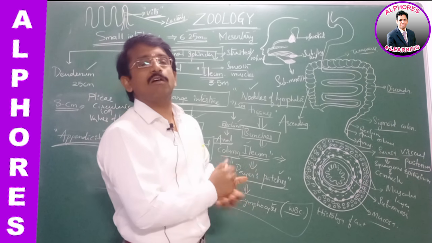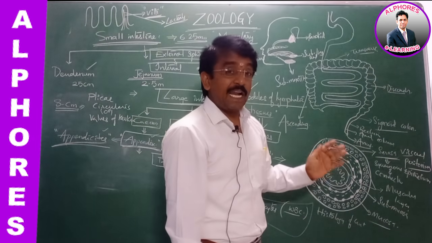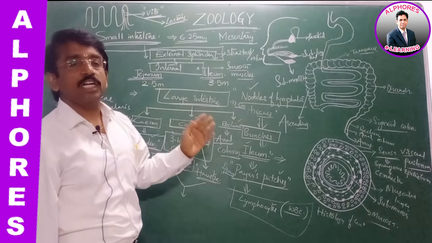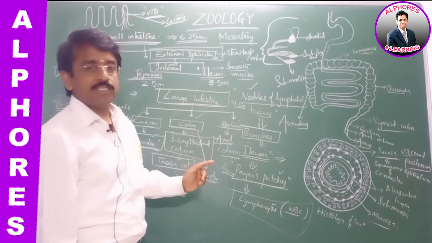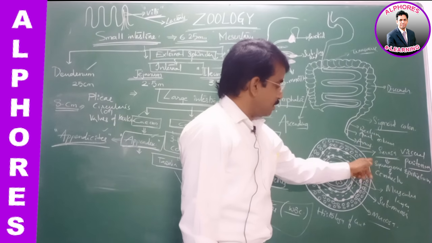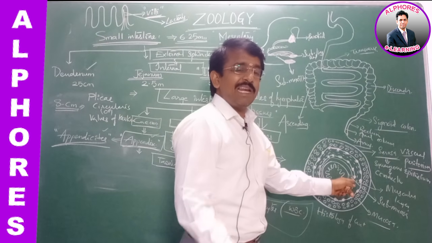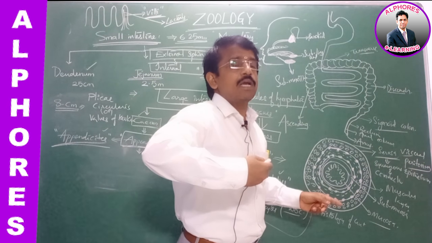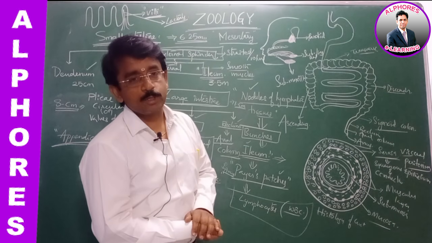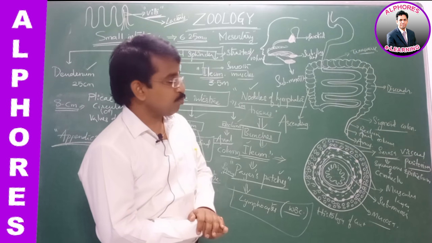Neither vertical nor horizontal. So in terms of muscle layer, the stomach shows variation. That is, besides the longitudinal outer and the circular layer inner to it, one more oblique muscle layer is present, which is a variation.